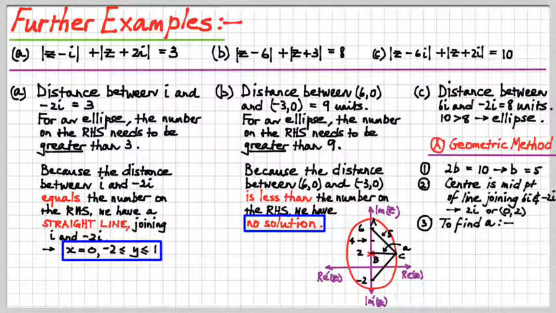Check out our little Pythagorean triangle here. This distance here from the centre up to the focus is 4 units. Do you agree? Then the hypotenuse of this triangle is 5 units.